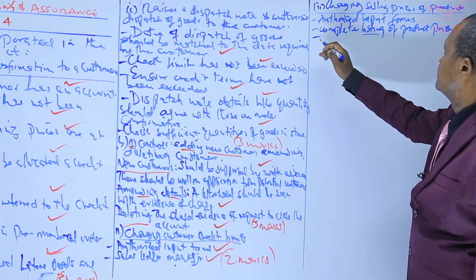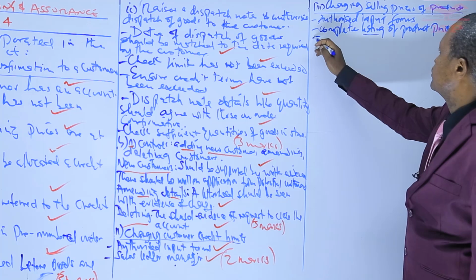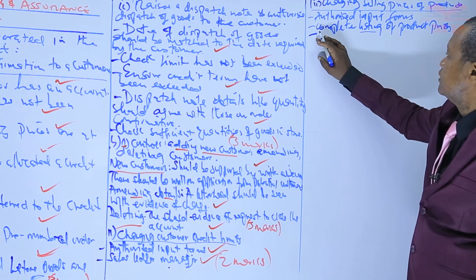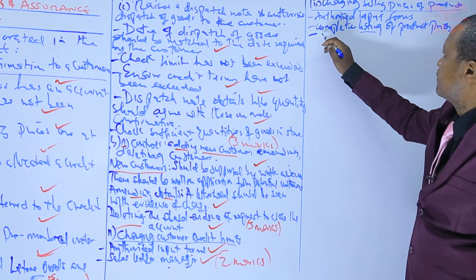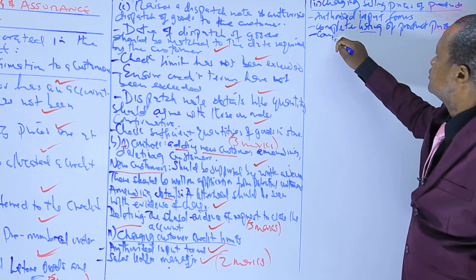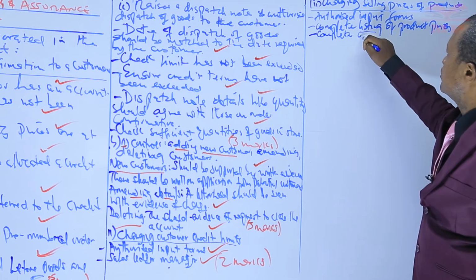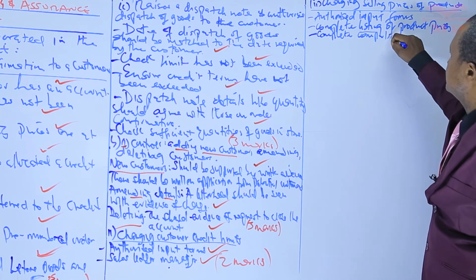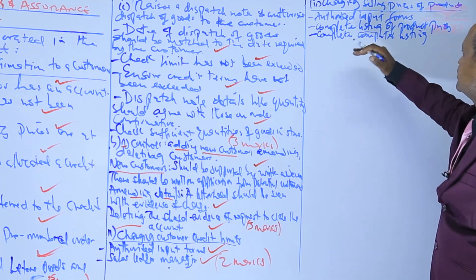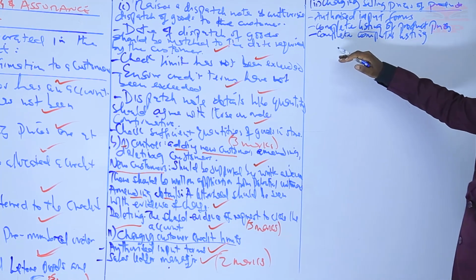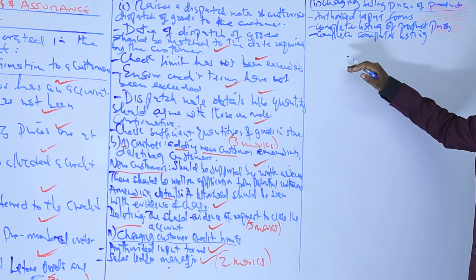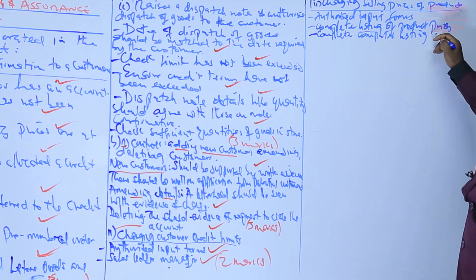The last control, the sales manager should receive a complete computer listing of changes.